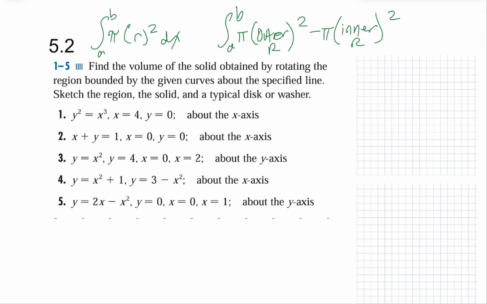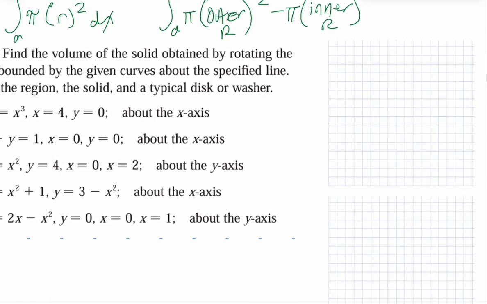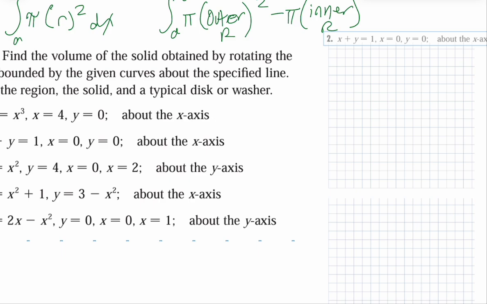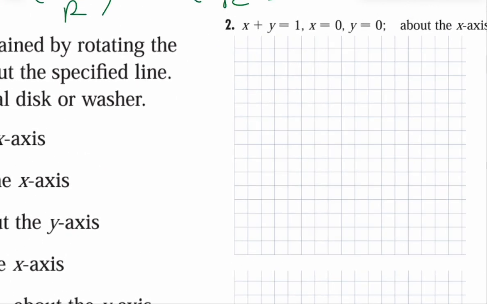Okay, so first we're going to do number 2 and number 3. One I've drawn the picture for you, so I don't count that one. There are 3 volumes and 3 areas.